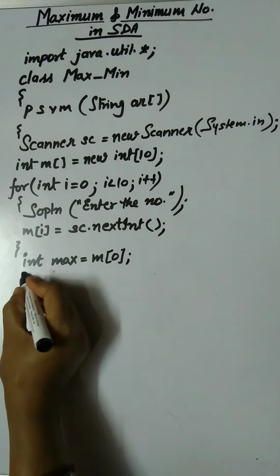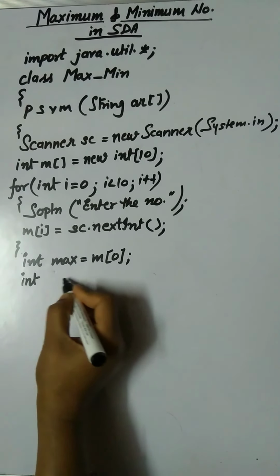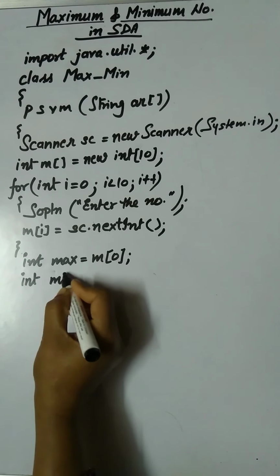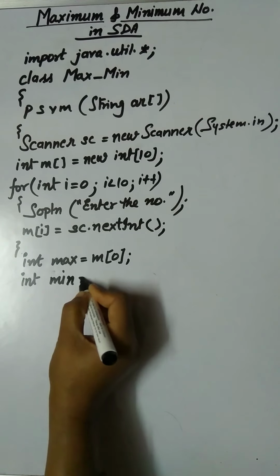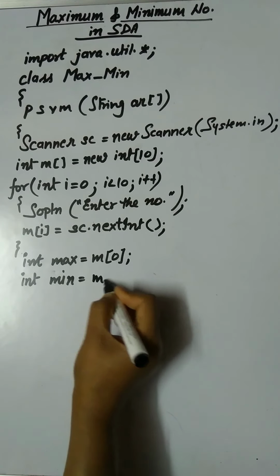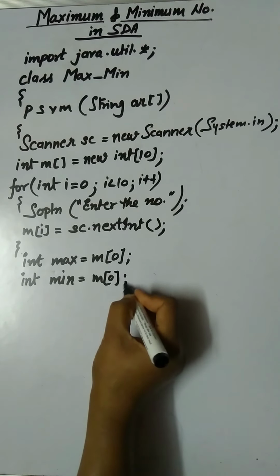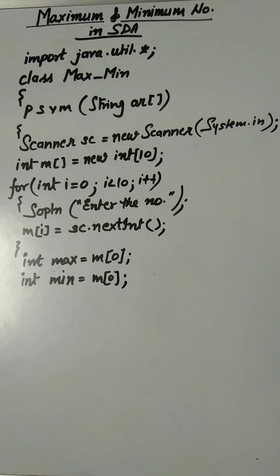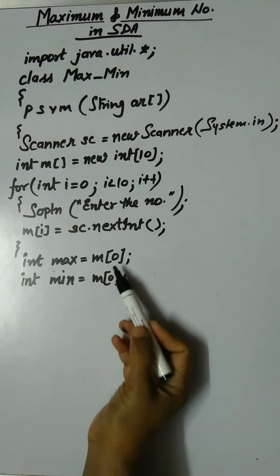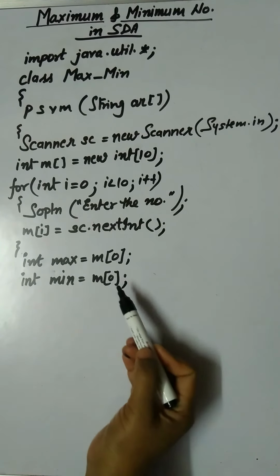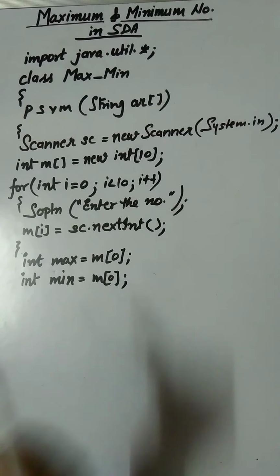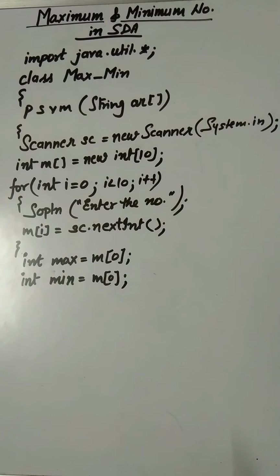Next, we have to find maximum and minimum both. So I am taking a min variable and assign the value m of 0, which means the 0 index number. The 0 index number we store in maximum and the 0 index number we store in the minimum variable.